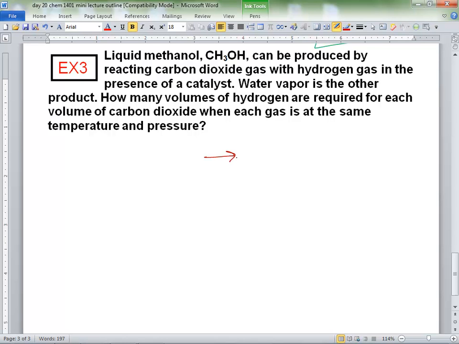Hydrogen gas, hopefully you're writing it on the reactant side, it's actually H2. I don't know if you knew that, but it's H2. All those gases pretty much are, except for the nobles. Nobles are the only ones who aren't diatomic. Hydrogen, oxygen, nitrogen, fluorine, they're all diatomic.